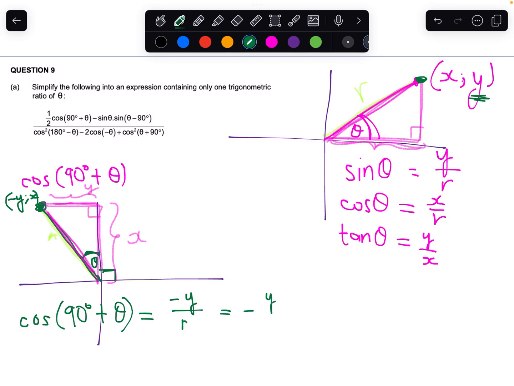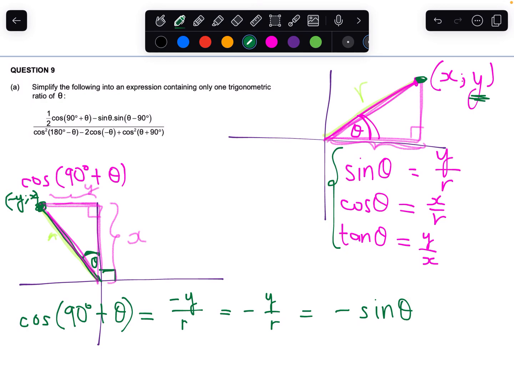So that is negative y over r. And what is that the same as? If we look back at the trig ratios of theta, it is the same as, ding ding ding, sine theta, except it's negative. So it is the same as negative sine theta.